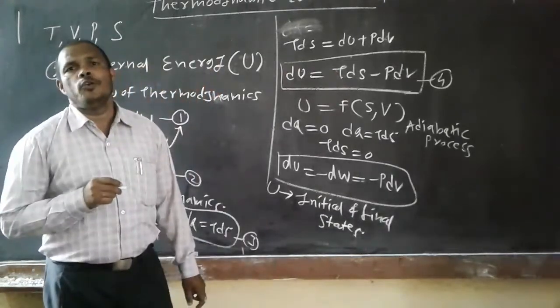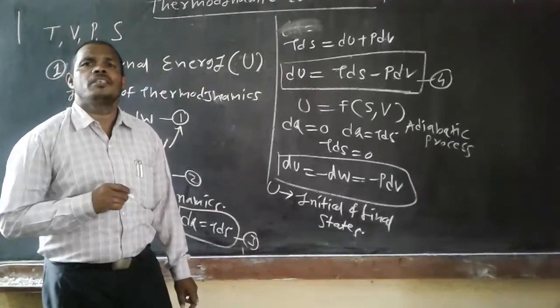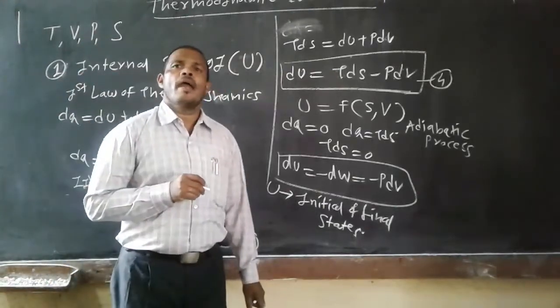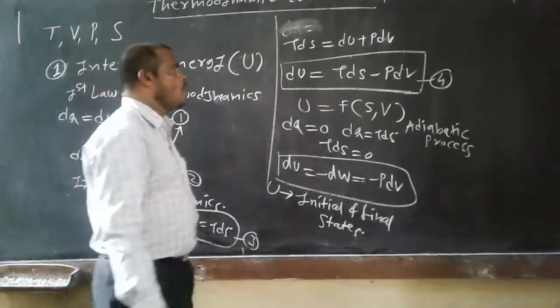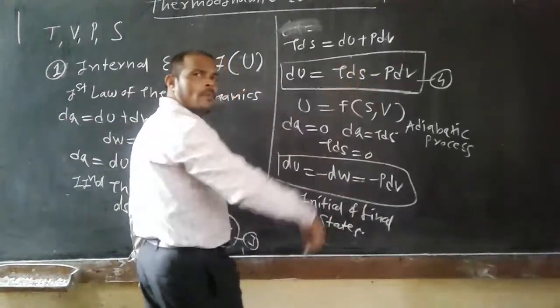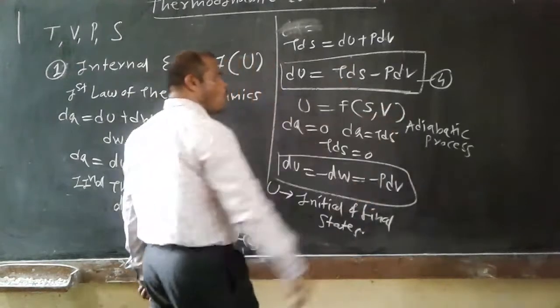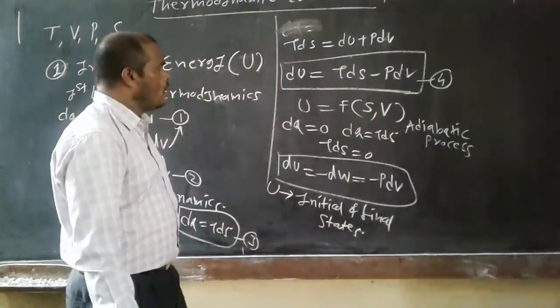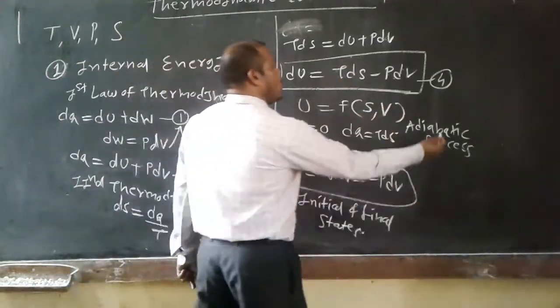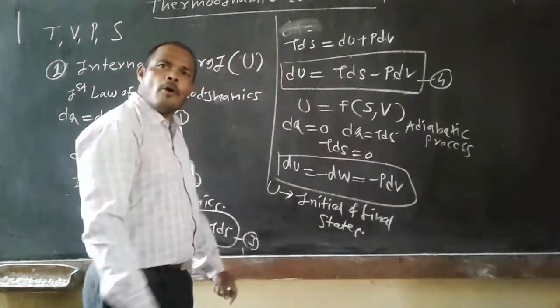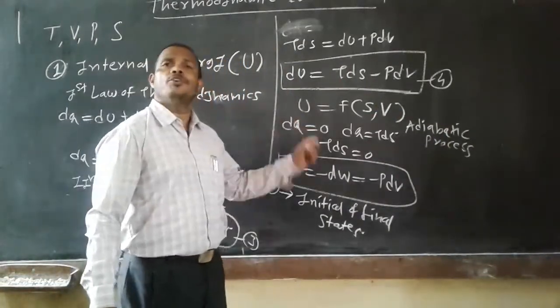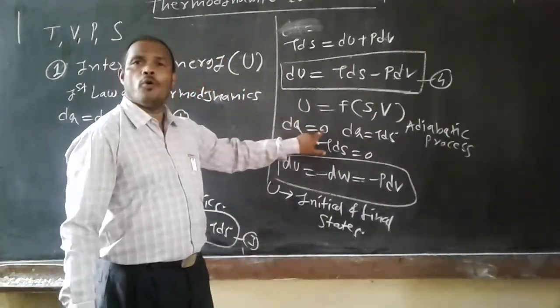Internal energy U depends on the state of the system, and it is a function of independent variables, that is entropy S and volume V.